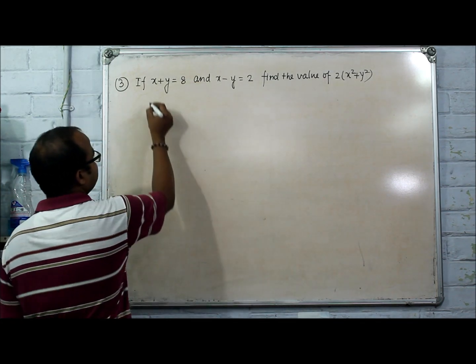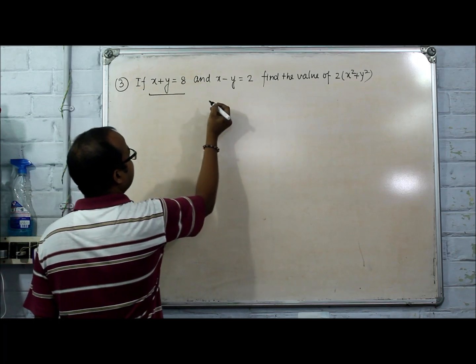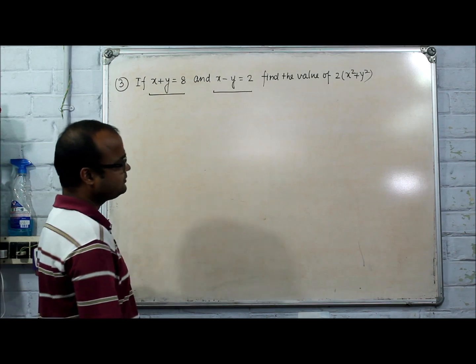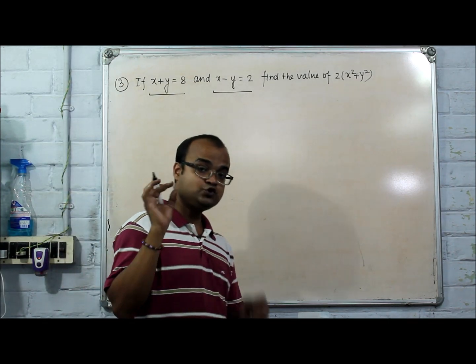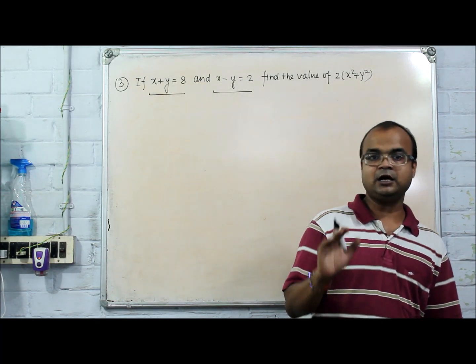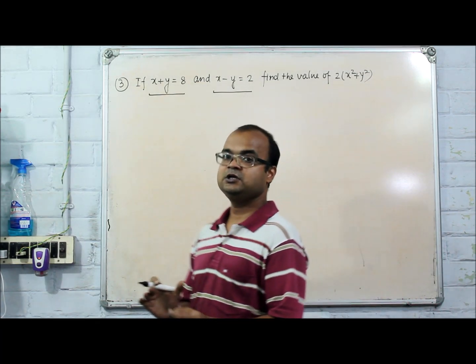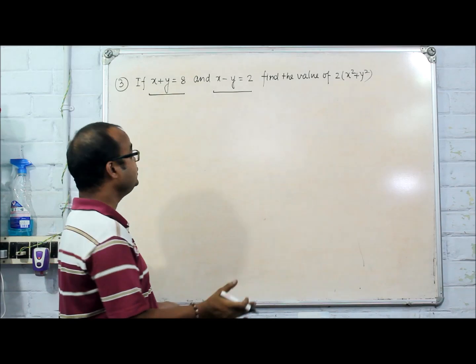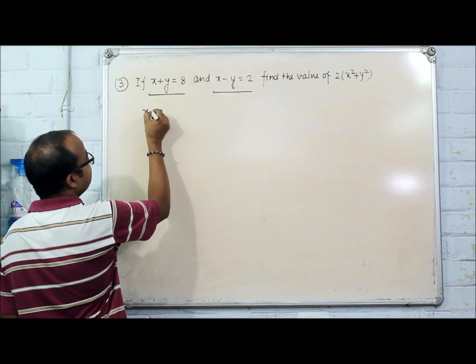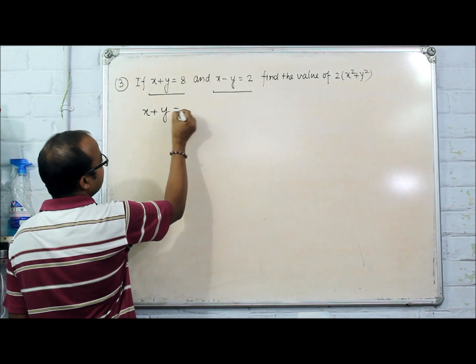It is given that x plus y is equal to 8 and x minus y is equal to 2. Again there are two ways. One is the direct application of the formula, and another is a process which I am going to explain first. Now the first relation is given as x plus y is equal to 8.